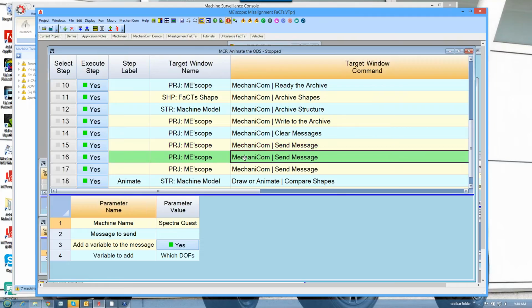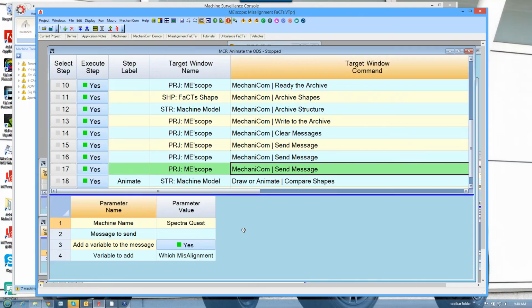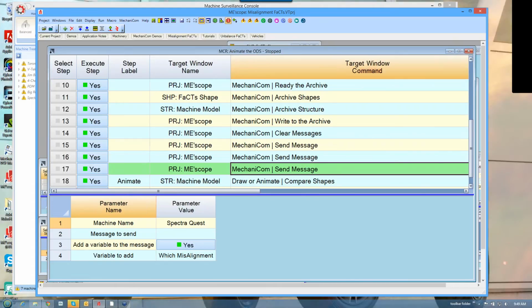And then it's going to tell me which DOFs. Remember, the which DOFs actually said motor and bearings, base plate, or all DOFs. And then it's going to send in a message that tells which alignment case. So let's just run this here for a minute and see how this works. Now there's other macros in here.